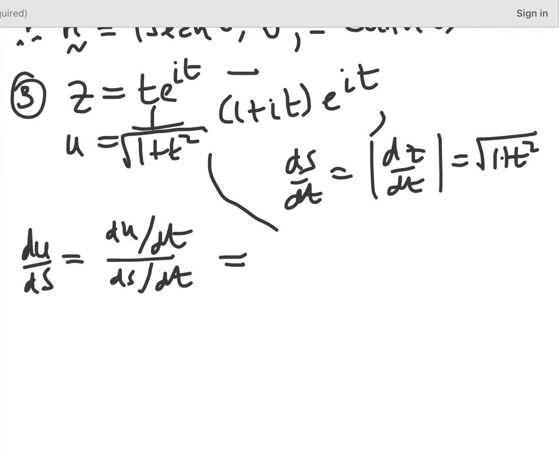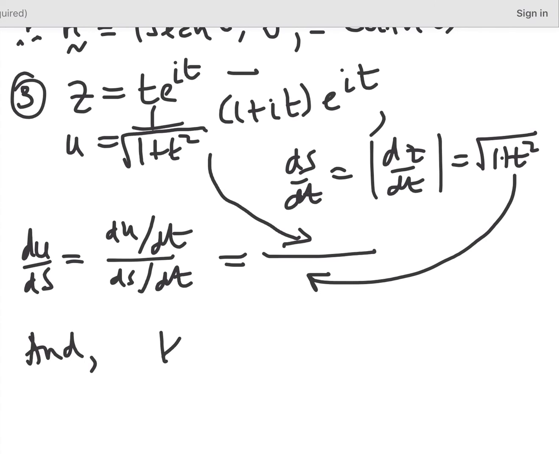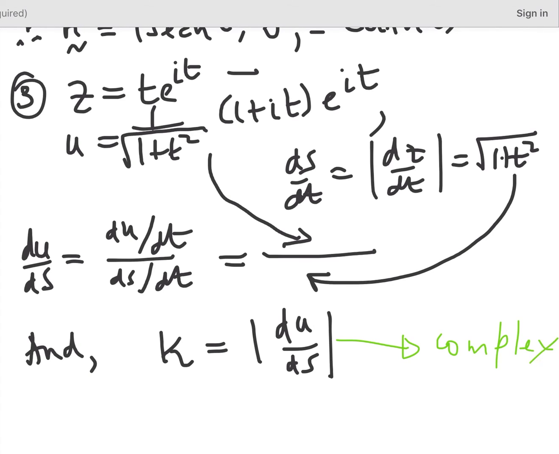So there's u, differentiate that with respect to t, divided by ds dt, which is square root of 1 plus t squared, like so. And then take the modulus of that. And of course, your curvature would be the mod of du ds, keeping in mind that in this case, this mod is the complex mod, as always, in the complex case.